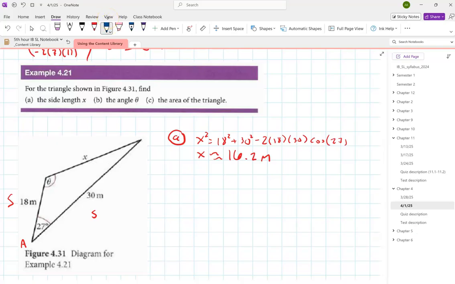So there's that. No problem there. Part B now. So if I look at part B, how am I going to do that?